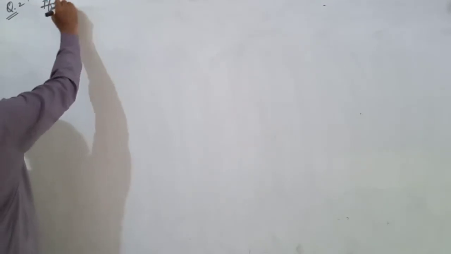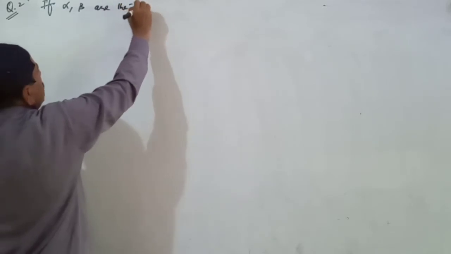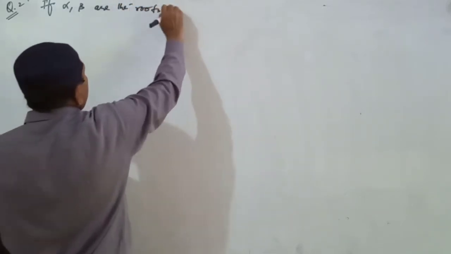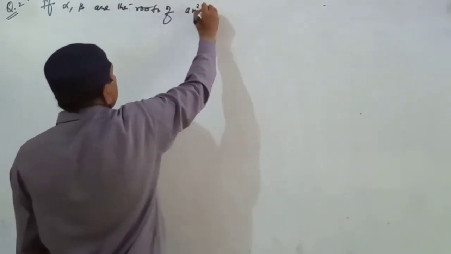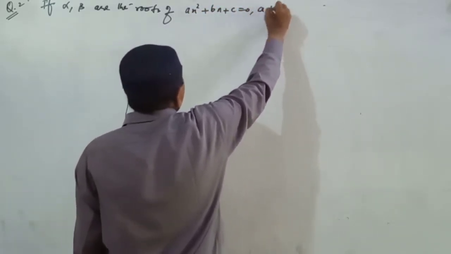Question related to the exercise. Question 2 is, if alpha, beta are the roots of ax square plus bx plus c is equal to 0, consider that a is not equal to 0.